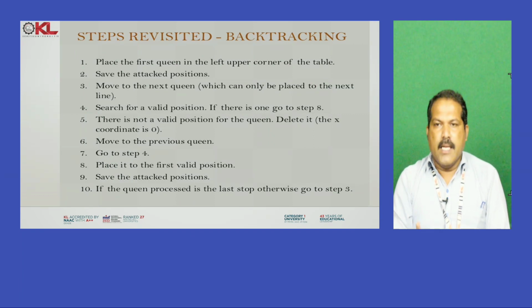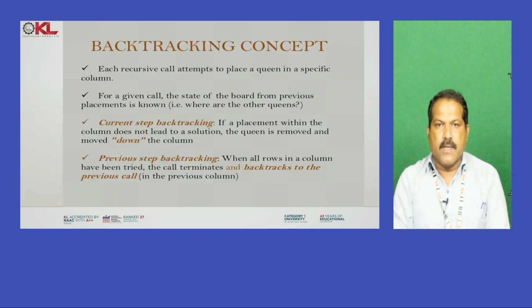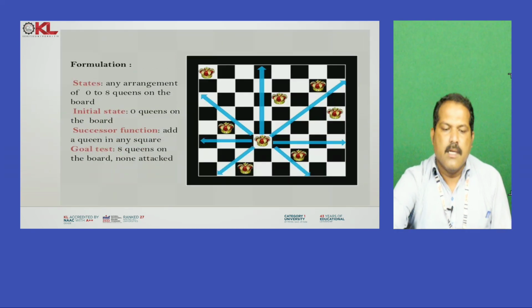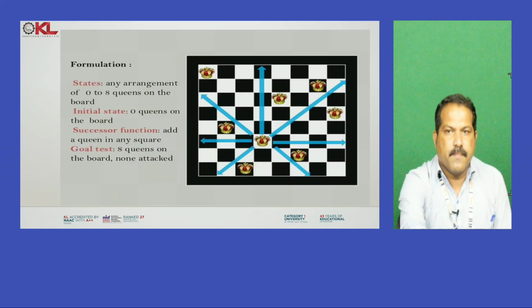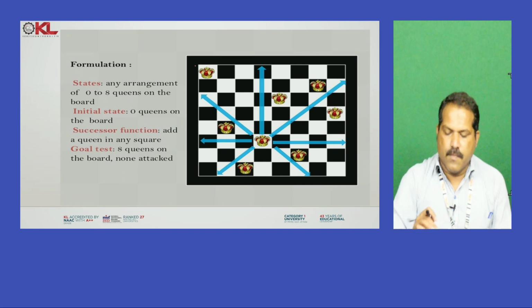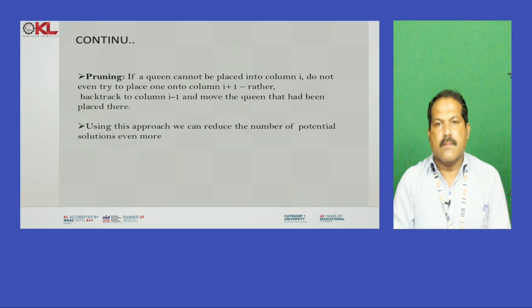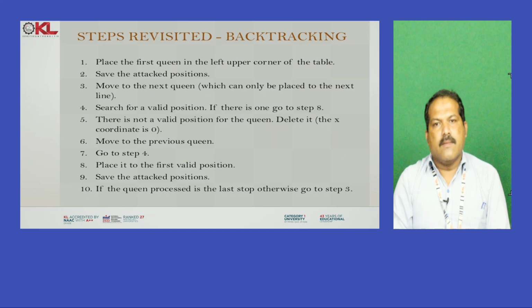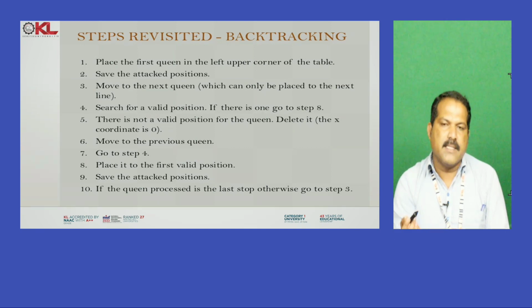First, place the queen in the left upper corner of the table. First we are here, the left upper corner. Next we have to save the attacked position. In chess, when we place a queen, the opposing pieces should not be attacked.